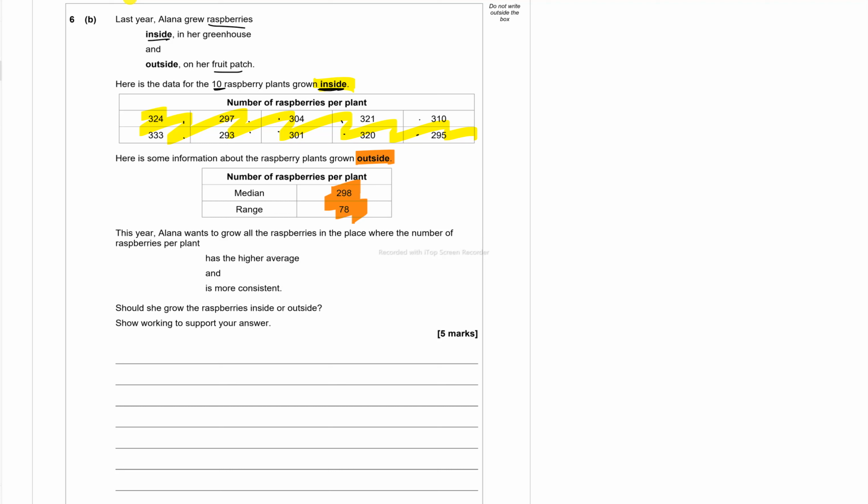Okay, let's do this. What we need to do first of all is put these in order. This is going to be a bit tricky. Which is the smallest? 293.